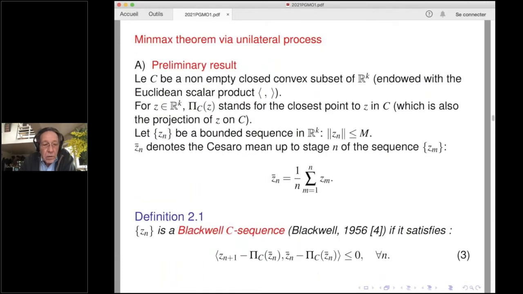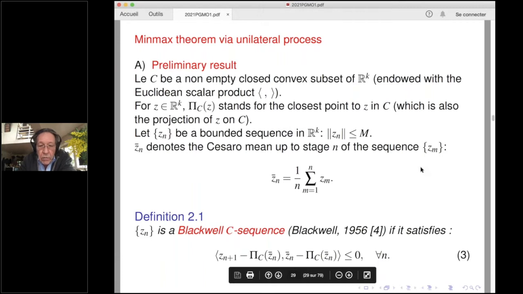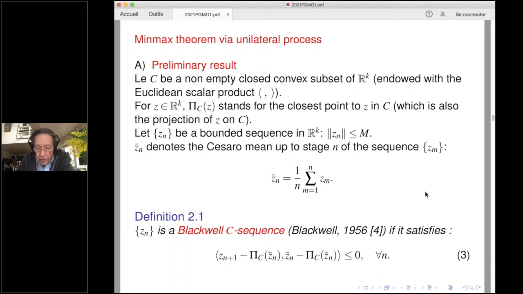So the idea is, starting from the average, you project on C, and the scalar product between the point and its projection and the new point is negative. We'll see this property when we discuss approachability later on.